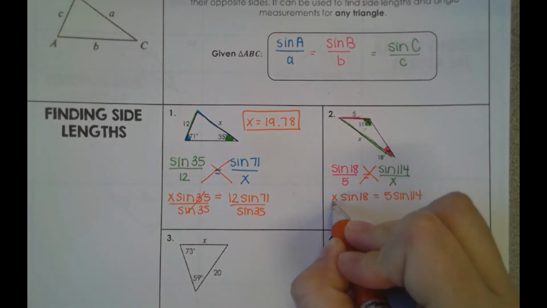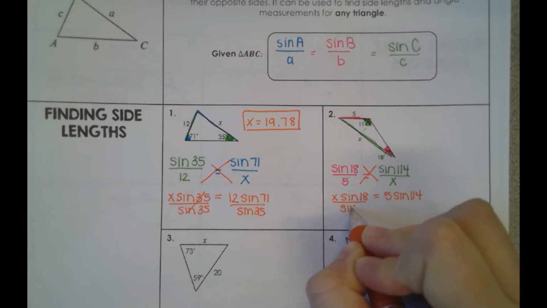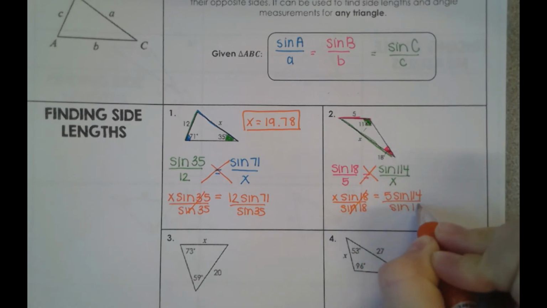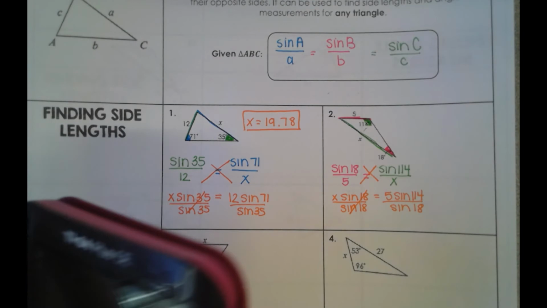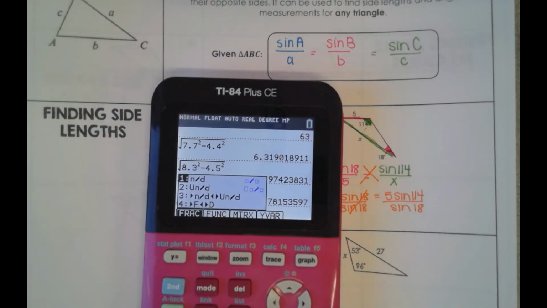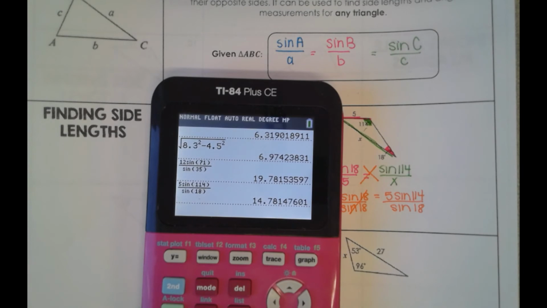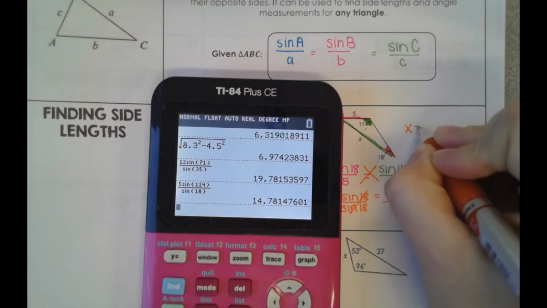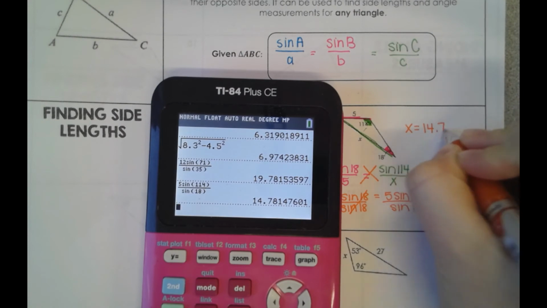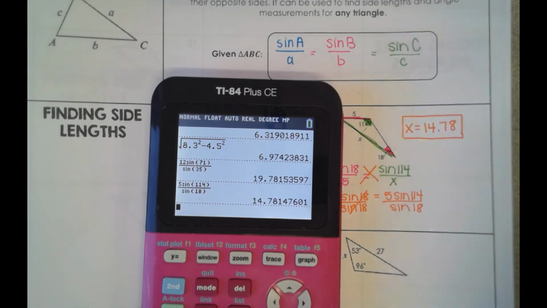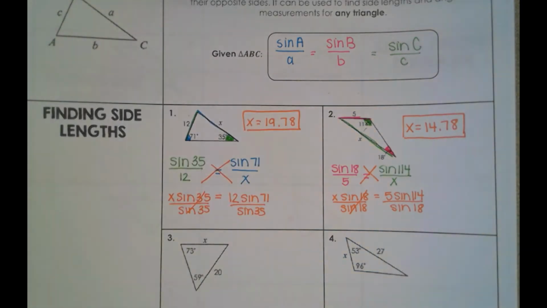And then if we divide both sides by sine of 18, we get x equals 14.78.